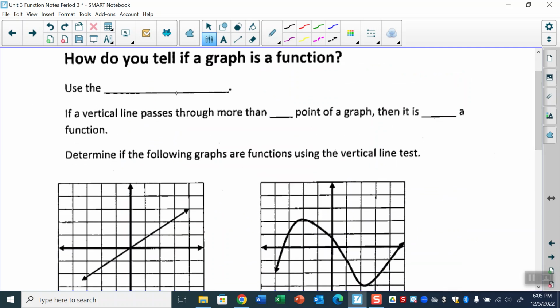All right, so if you want to tell if a graph is a function, you use the vertical line test. All right, if a vertical line passes through more than one point of the graph, then it is not a function.